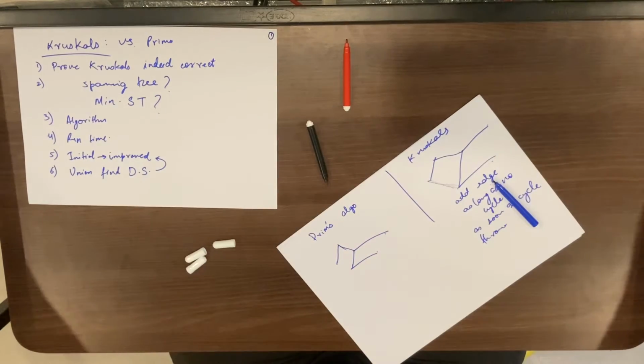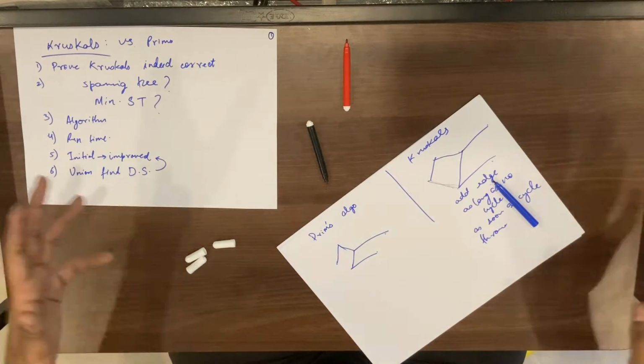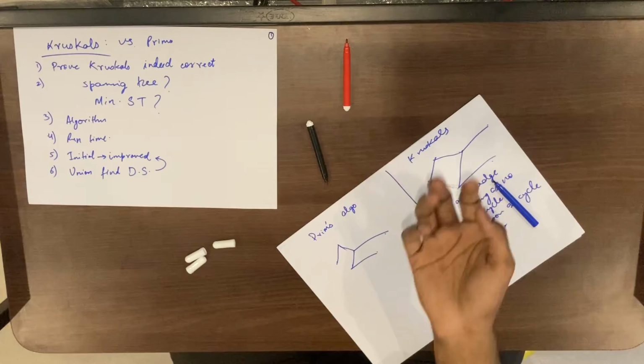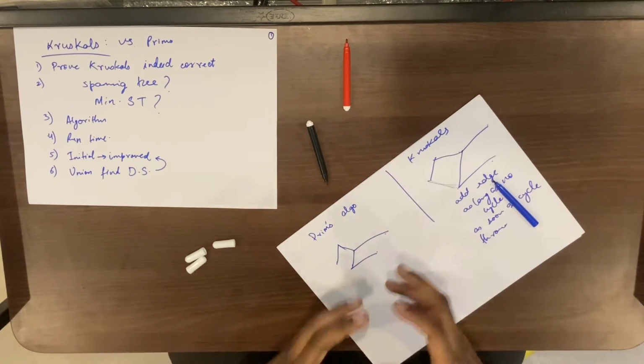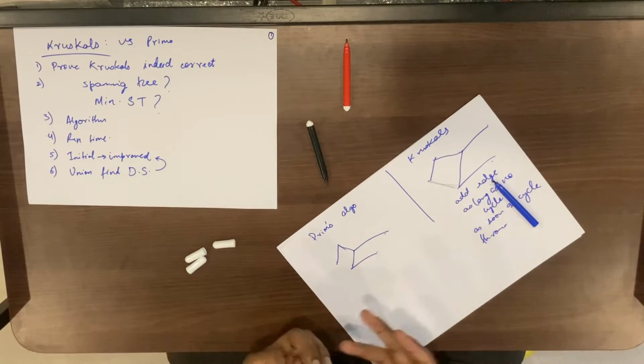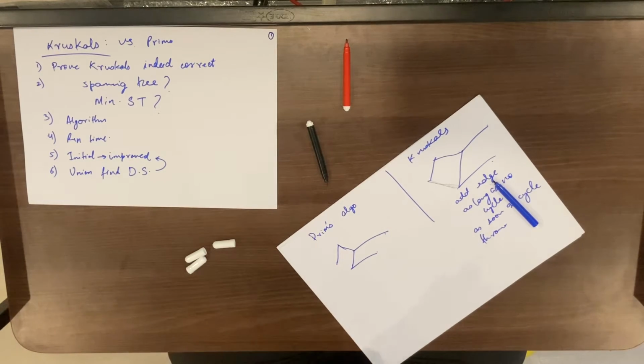Sort edges in order from smallest to largest and start choosing the lowest cost edges one at a time, and as long as there are no cycles, it seems very intuitive that this will always be right.